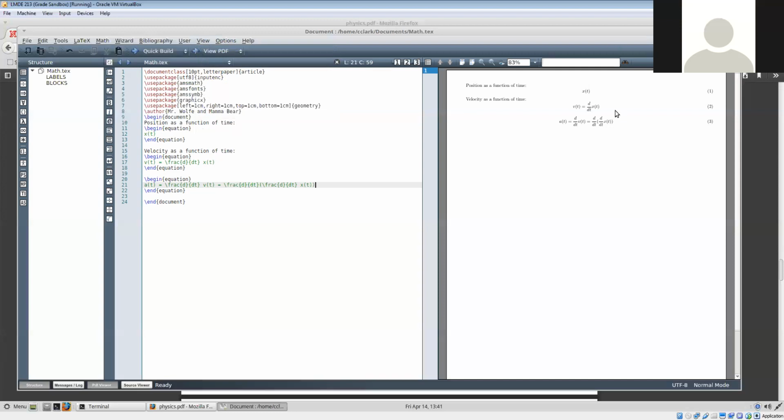So I'm trying to get these parentheses to be the right size. The way that I do that is in front of the left parenthesis, I do a left command, and in front of the right parenthesis, I do a right command. You can do left-right for parentheses, curly brackets, straight lines. What that command does is resize the parenthesis so that it is the correct size for everything between the set of parentheses.